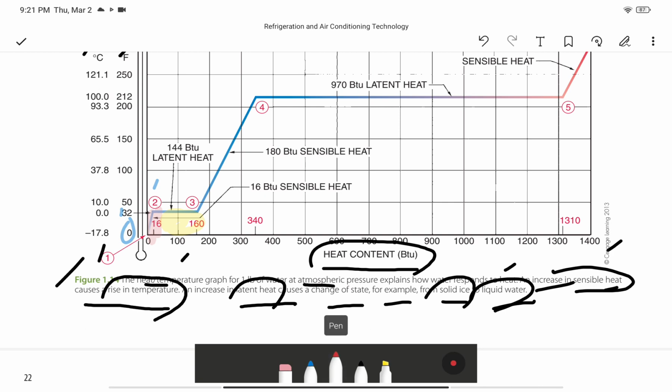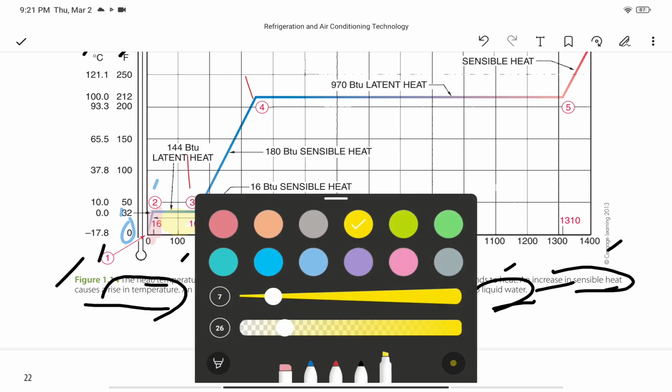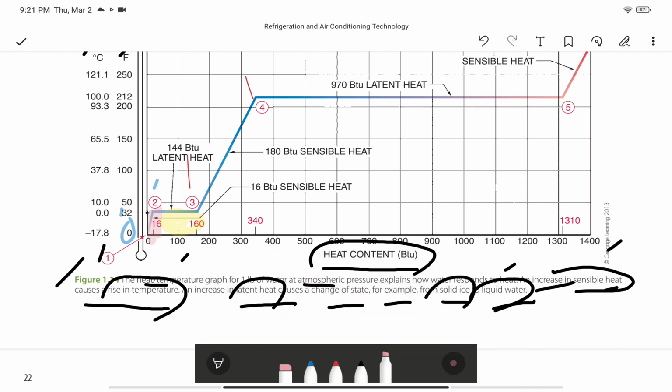So from here we go, from 3 to 4, what did you add? You add this much of heat.